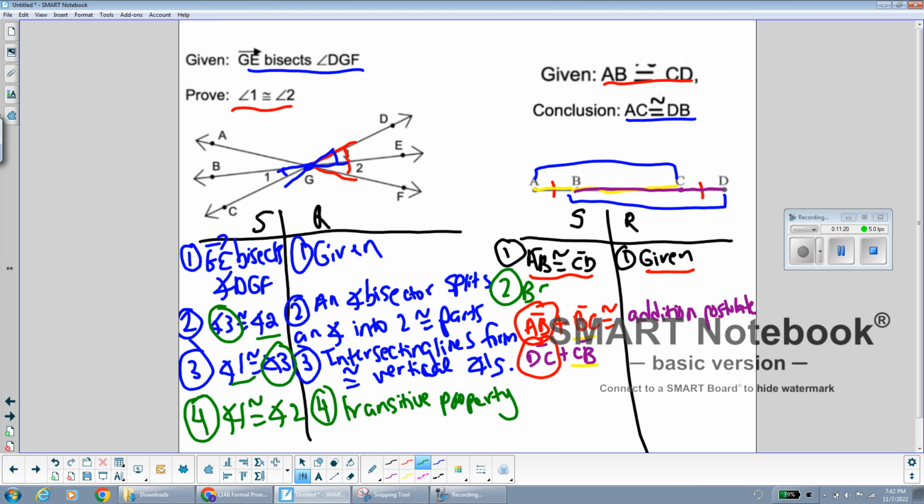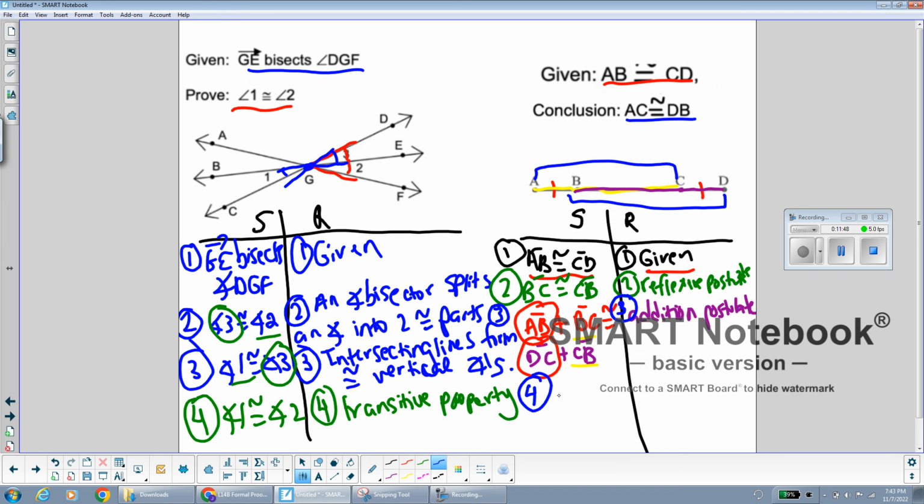So I'm going to say that BC is congruent to CB, or you can write it as BC is congruent to BC. And the reason for that is the reflexive postulate, because anything is congruent to itself by the reflexive postulate. So now we've justified our addition. That will be our step 3.